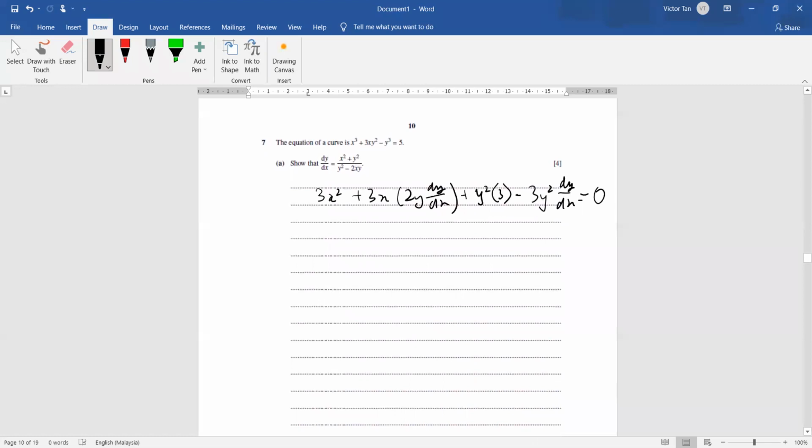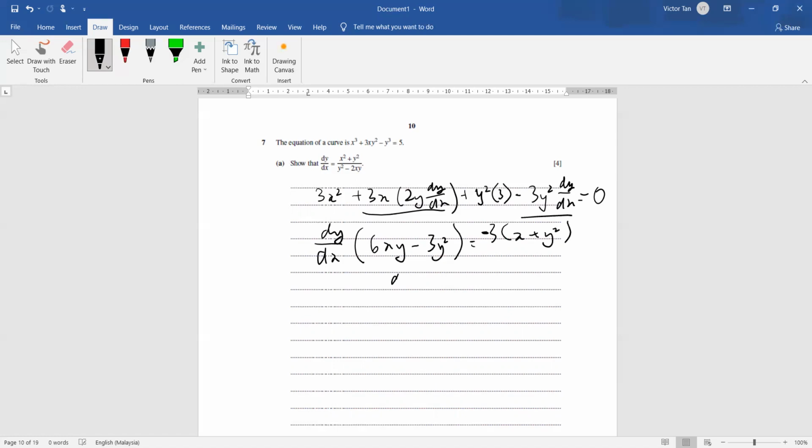Now, the next step is just to simplify. These two terms have dy over dx, so I'm going to factorize it. This is 6xy minus 3y squared equals to, I'm going to take the negative, factor out minus 3, x plus y squared.